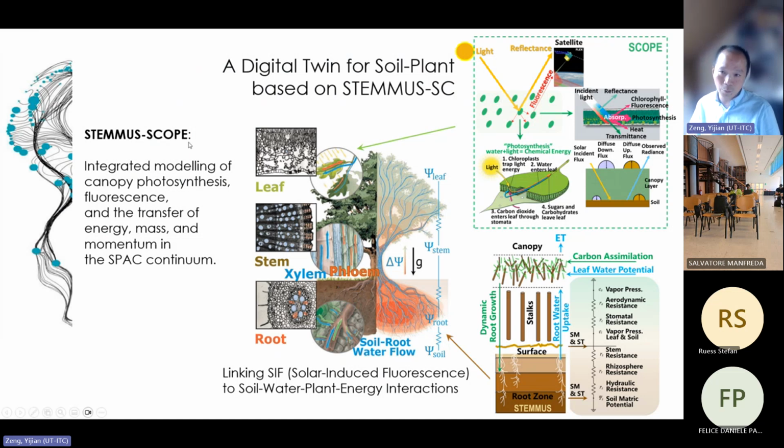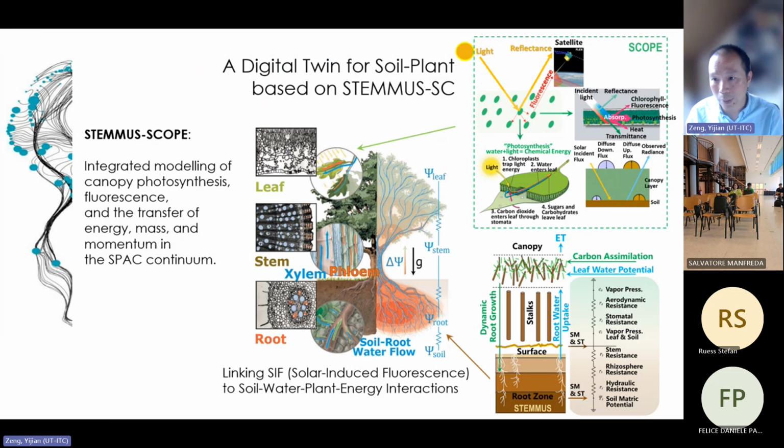For the vegetation part, we use the SCOPE model, which can simulate photosynthesis, energy balance, and radiative transfer processes at the leaf level but also the canopy level. At the same time, it can simulate the reflectance and also the fluorescence.